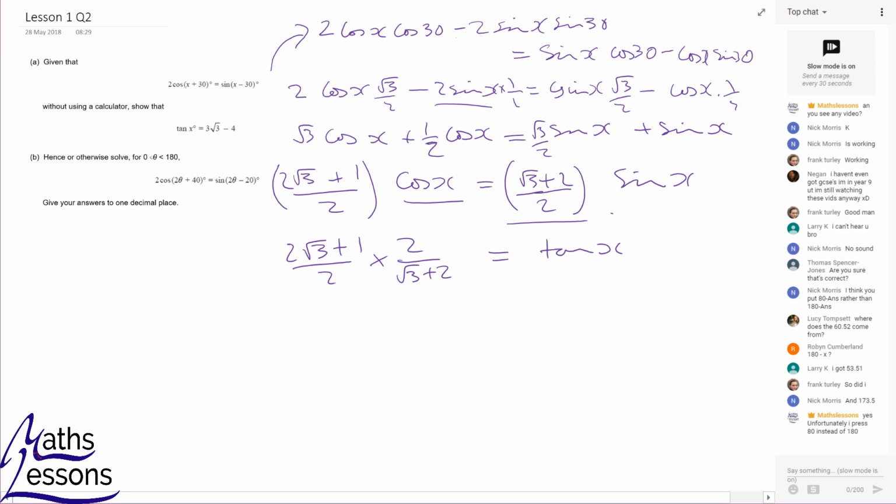And I've got another minus 2 times 1, which is minus 2. So I'm going to get 4 minus 3 root 3 over minus 1 equals tan x. And if I times top and bottom by minus 1, I get 3 root 3 minus 4 equals tan x, which means I've now shown it.